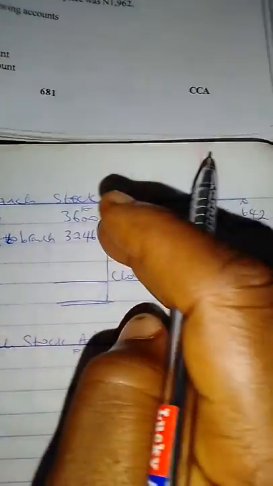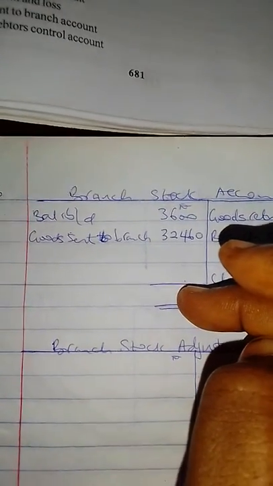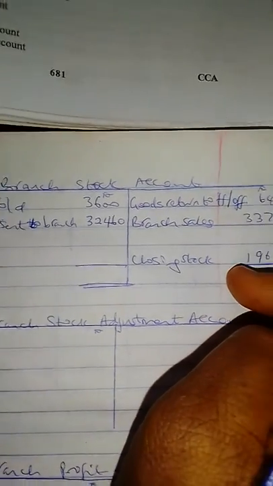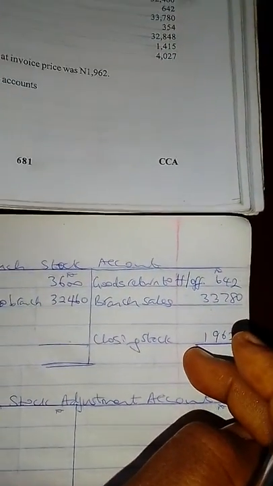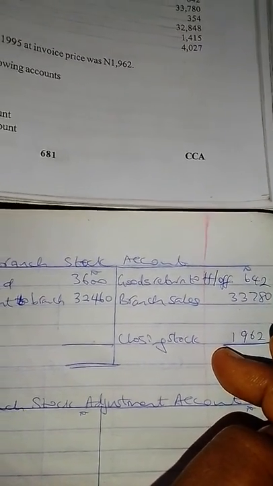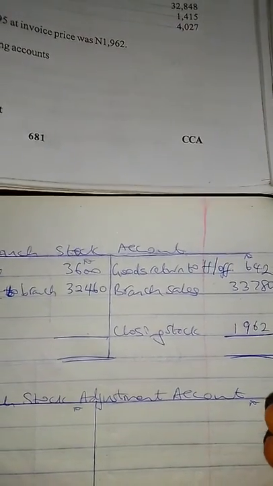We now add up the two sides. The debit side gives us a total of 36,414, while the credit side gives a total of 36,384. By the time we balance the two sides, we have a difference of 30 naira.